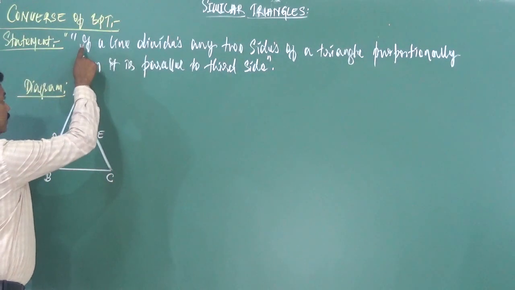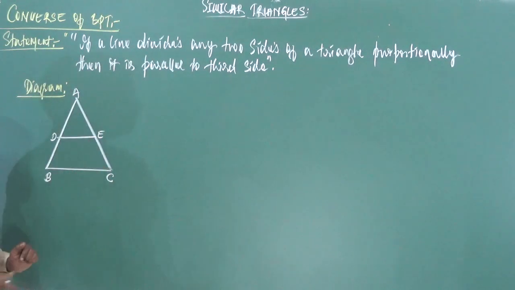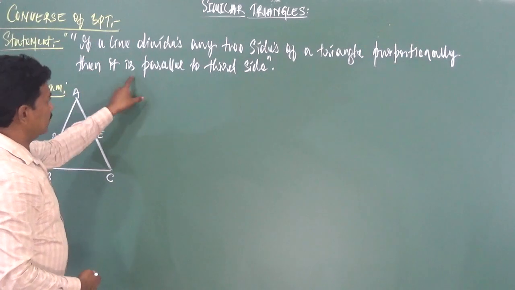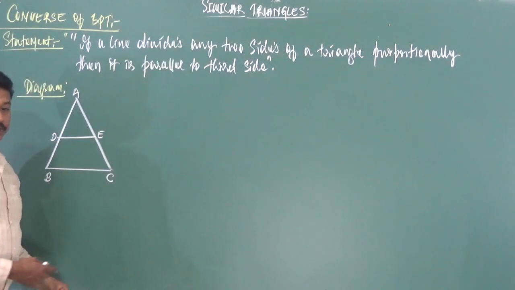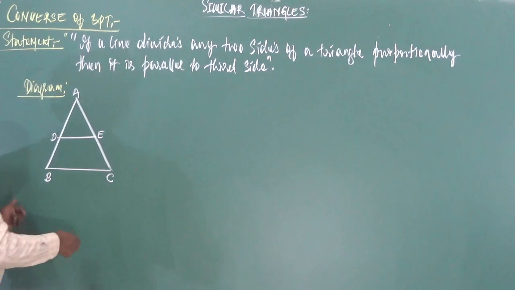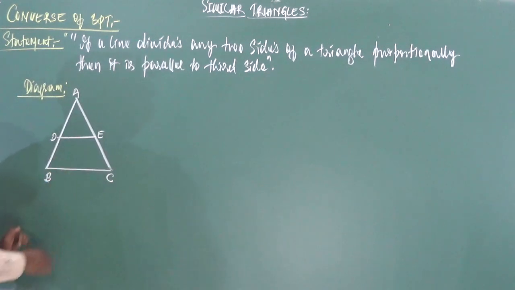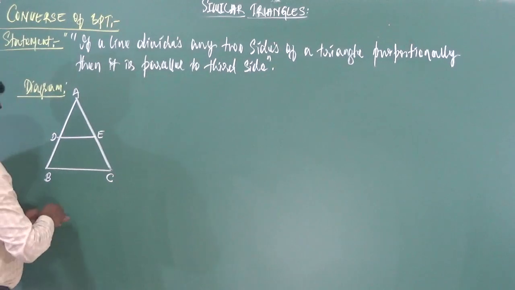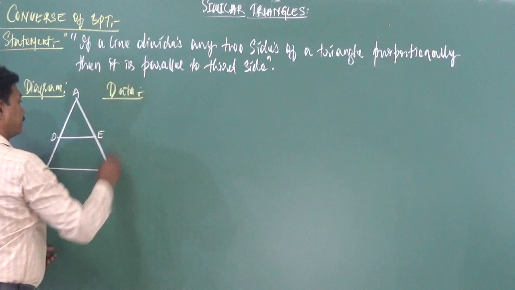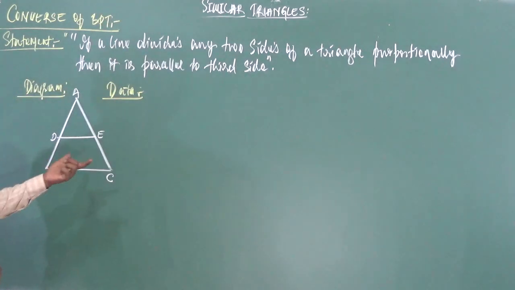What you read in a statement from if to then, that's called the hypothesis. And the remaining part of the statement, which is after then, is the conclusion. By taking the conclusion, you have to write to prove that. Okay. So we will write the description of the diagram. It is called the data. So data goes like this. Whatever you see in the diagram, you will write it.